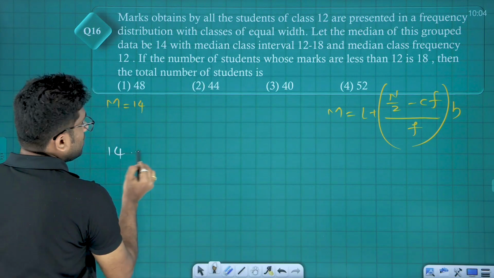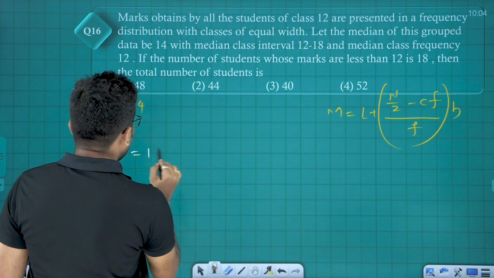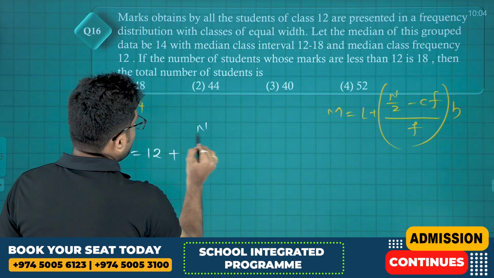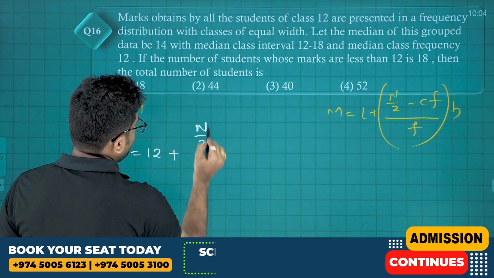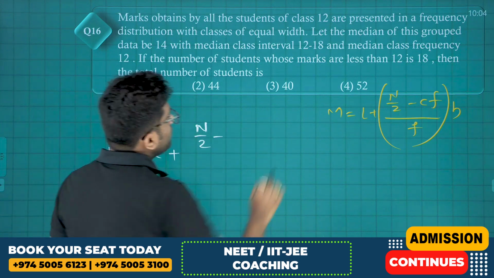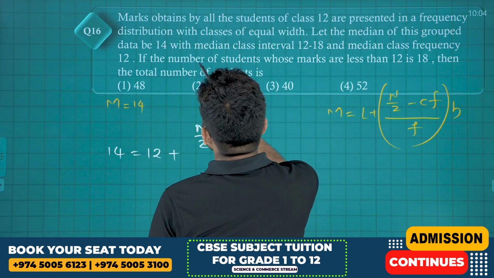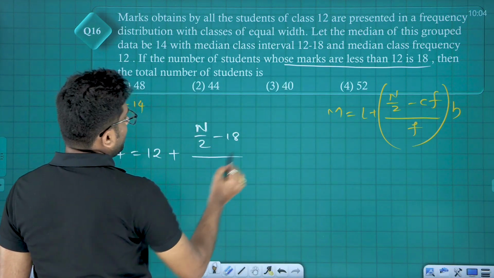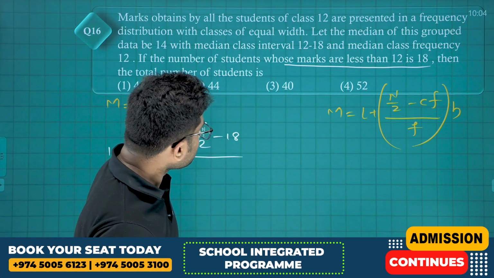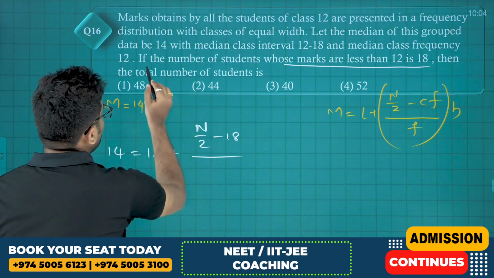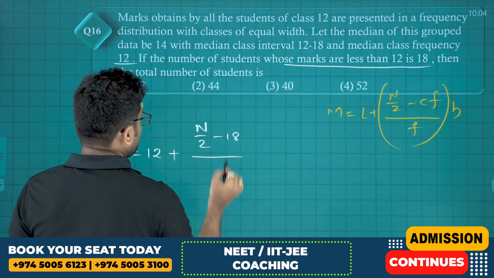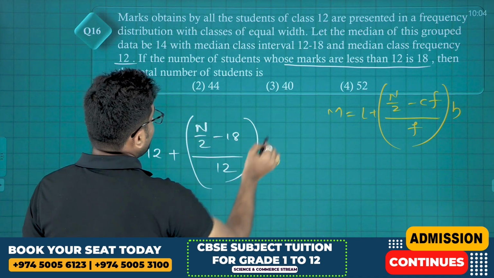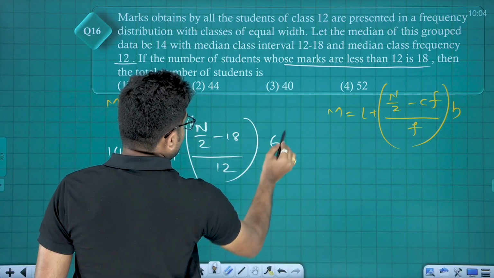So 14 is equal to L, L is 12, plus N by 2, we are not sure, that is what we are supposed to find, minus CF. CF is number of students whose marks are less than 12, that is 18, divided by 12. Frequency of the median class is 12, into h. h is class width 8.